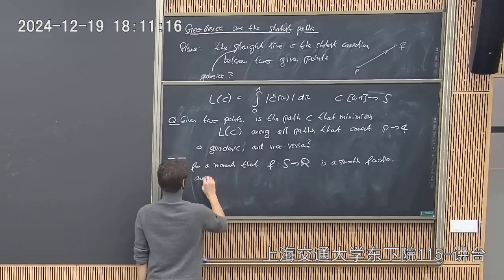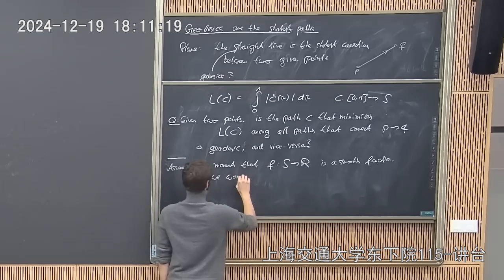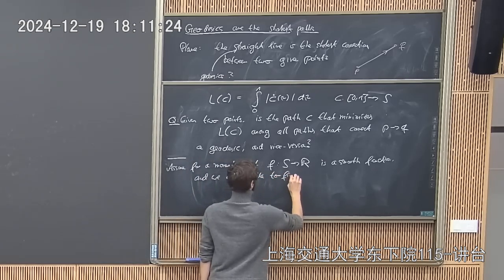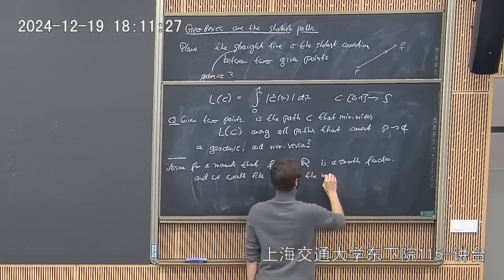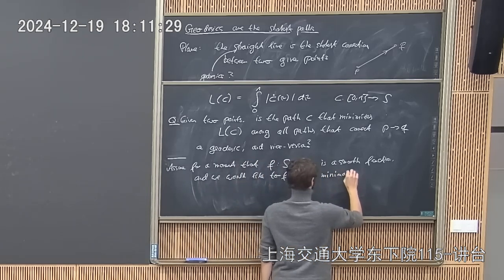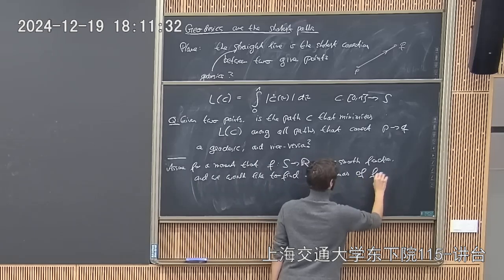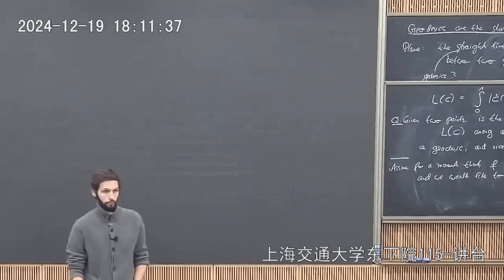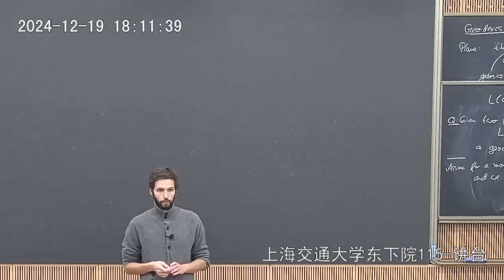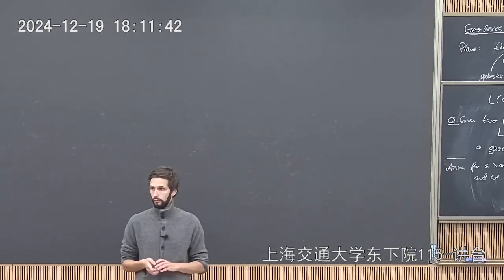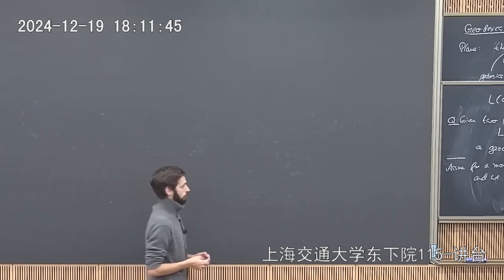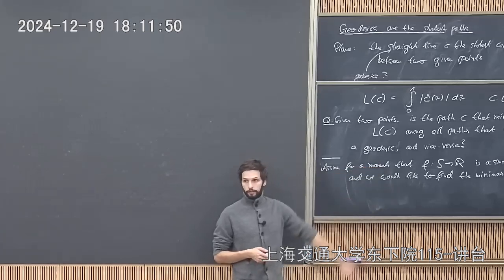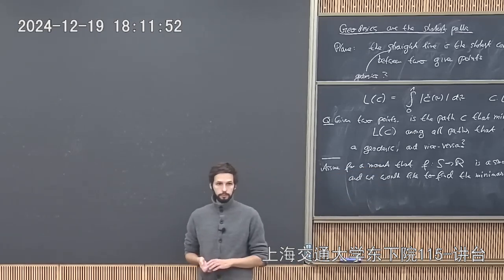So how do you find the minimas of a function on a surface, or in some open subset actually? It doesn't matter too much. How do you find the minimas of a function? What do you do?